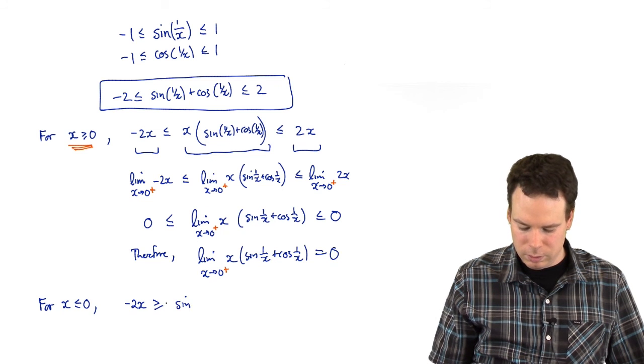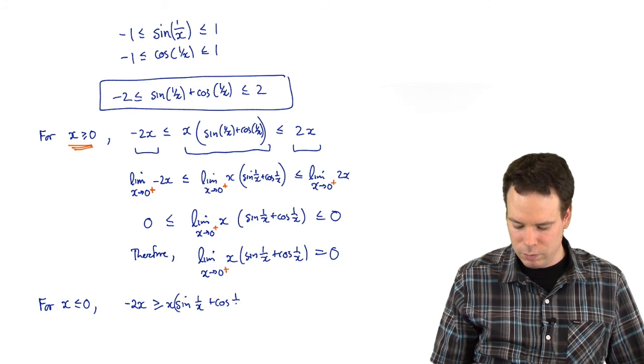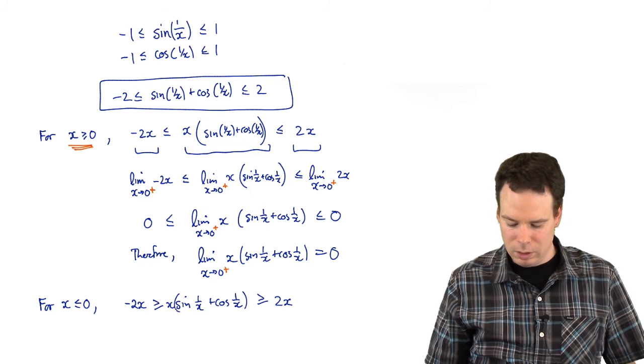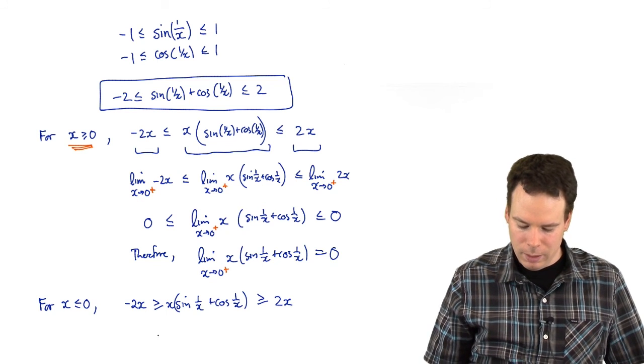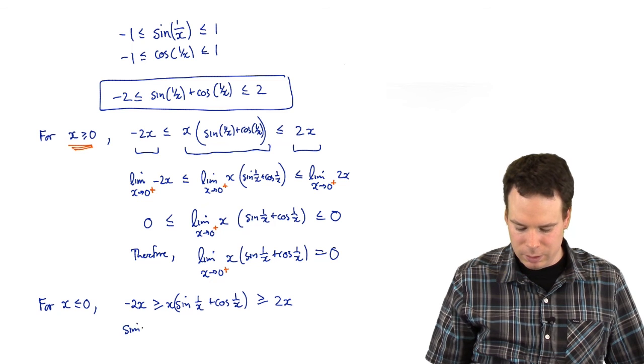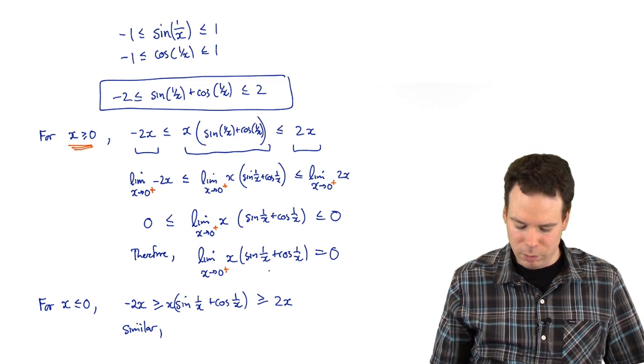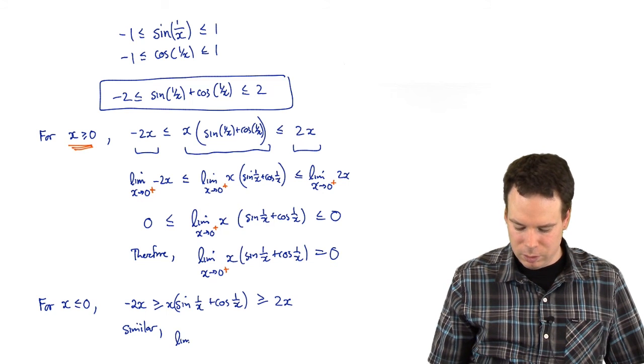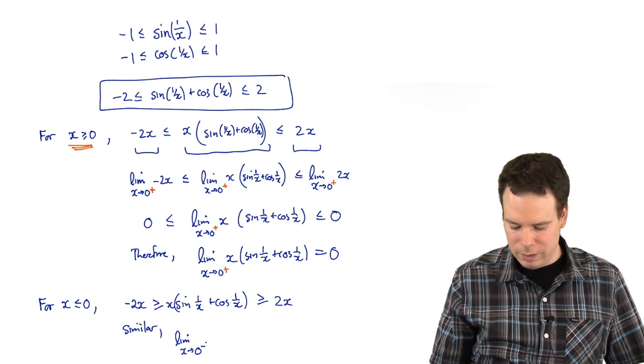So it's x times sine of 1 over x plus cos of 1 over x and 2x, switching the directions of the inequalities. And then by a similar result, we take the limit. So now the calculations are pretty much identical to the one above. By a similar result, we work out the left-hand limit.